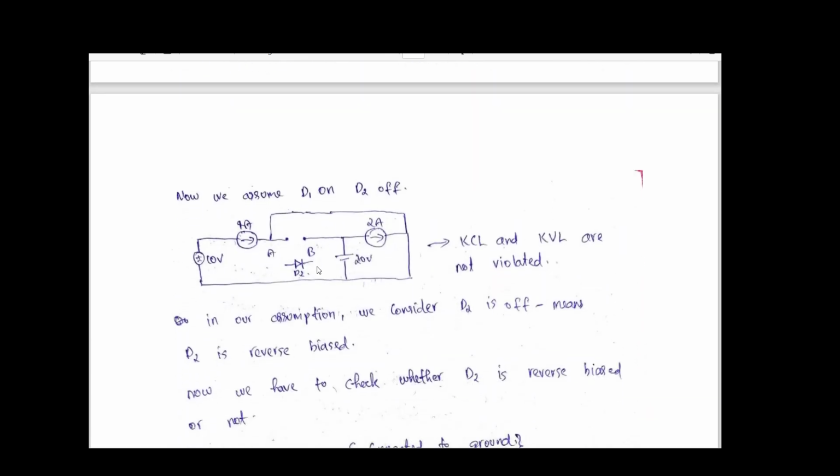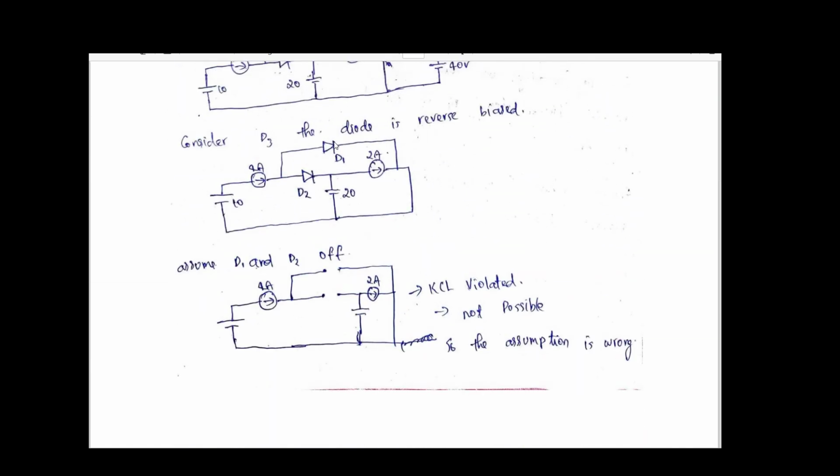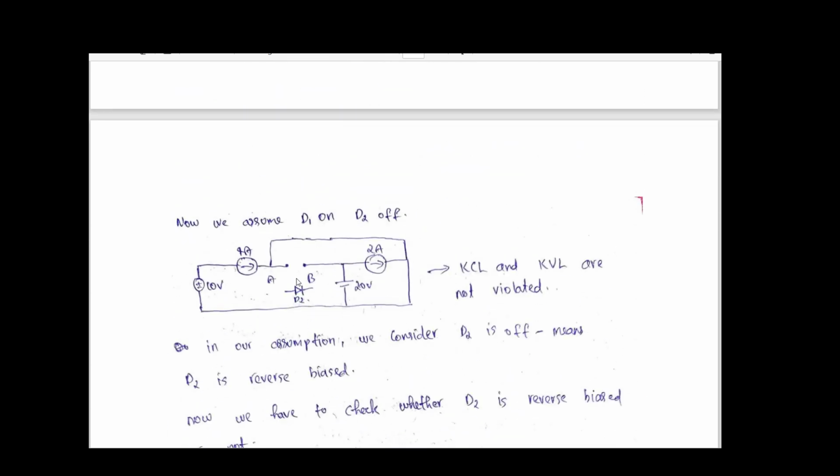Now we will go for the next assumption, that is D1 is on and D2 is off. So going back to the question, we are assuming D1 is on and D2 is off. This is the assumption that we are considering, so our circuit will be like this.